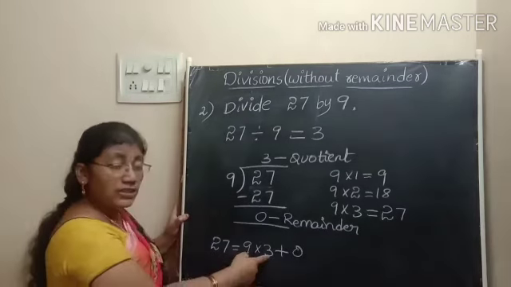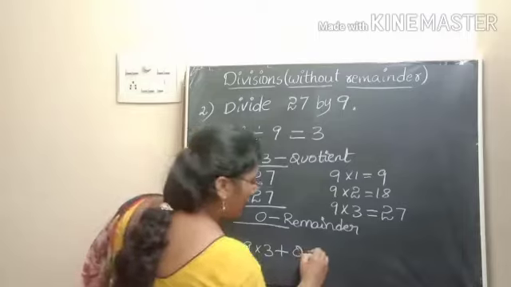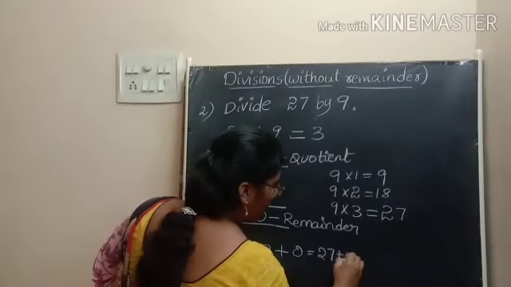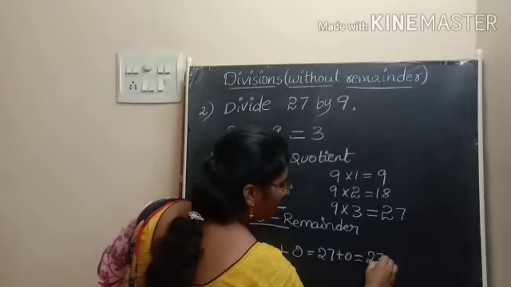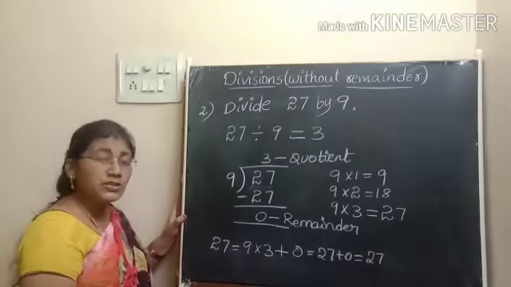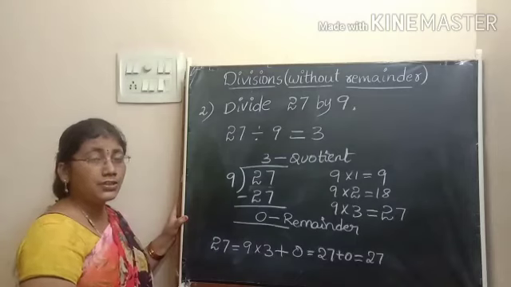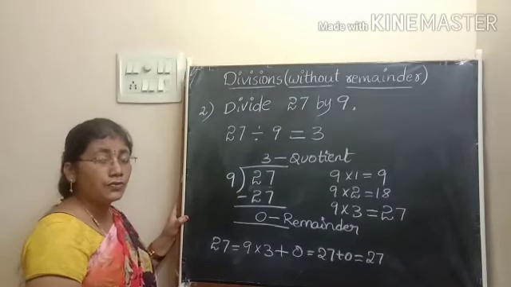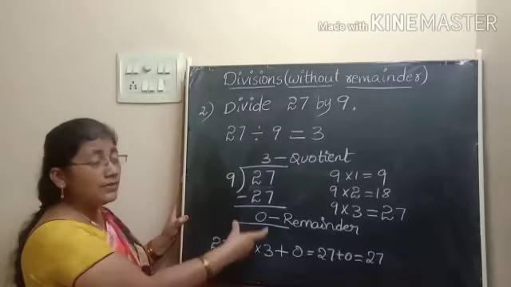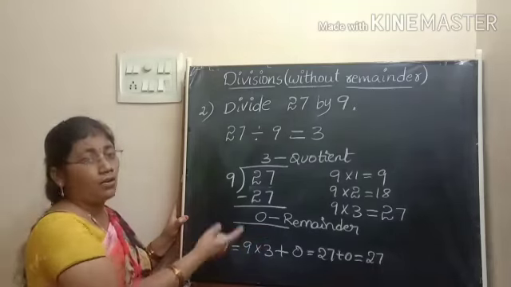That means 9 threes 27. 27 plus 0 is equal to 27. This procedure is useful to check our division, whether it is right or wrong.